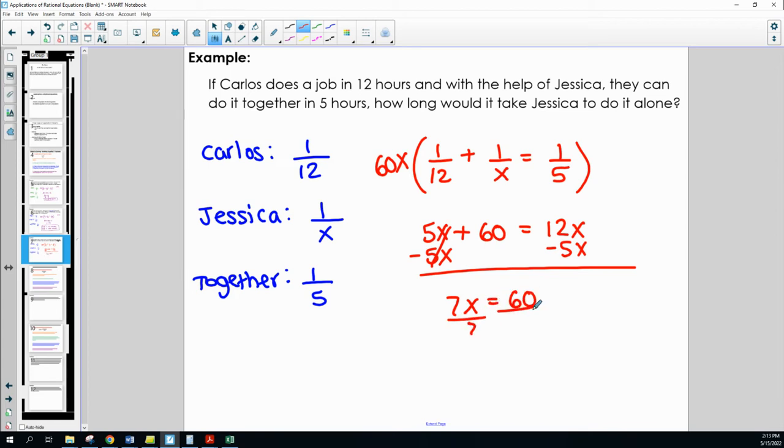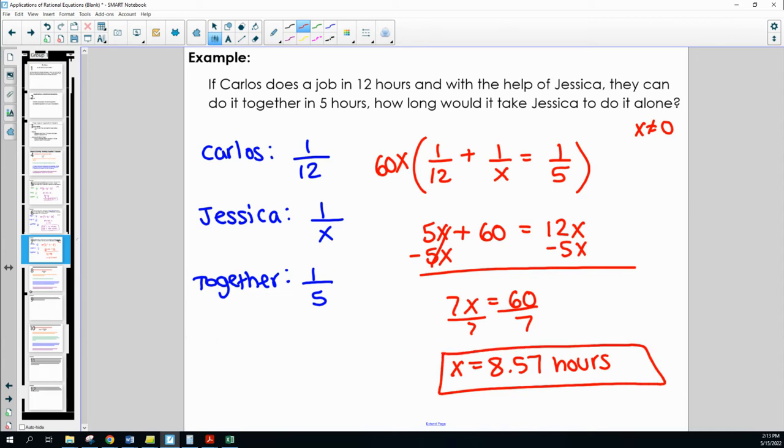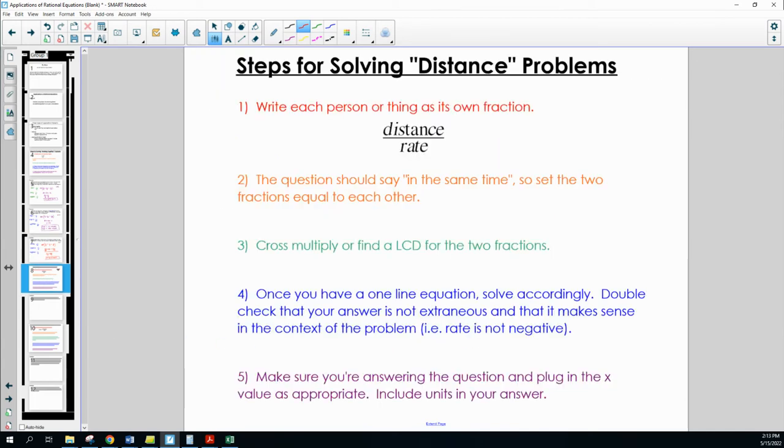Divide by 7. And x is equal to 8.57. This is in hours. Okay, again, check our only restriction is x cannot equal 0. This is not 0. It's a positive answer. So this is good.